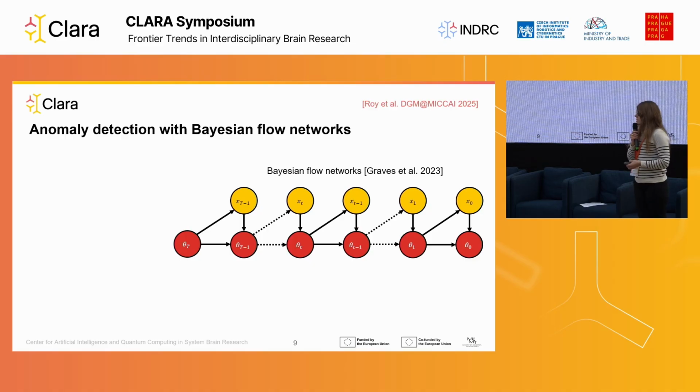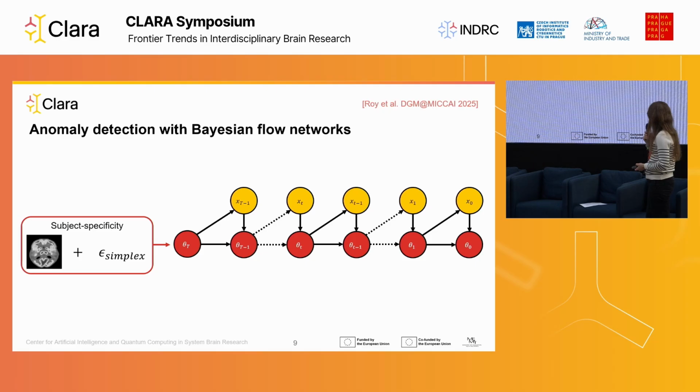The problem with the initial approach, let's say, is that it's not meant for conditional generation and really not for anomaly detection. So we proposed different contributions to make this approach work for anomaly detection.